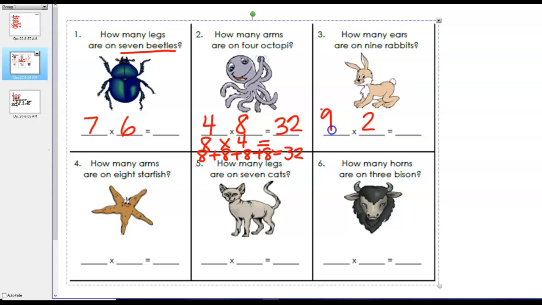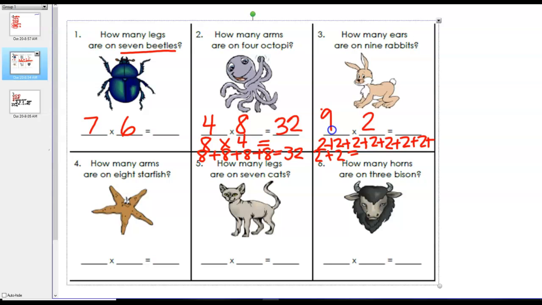Okay, and what did y'all get for your answer? 18. Very good. So I would add up what? 2 plus 2... 8, 9. Good.